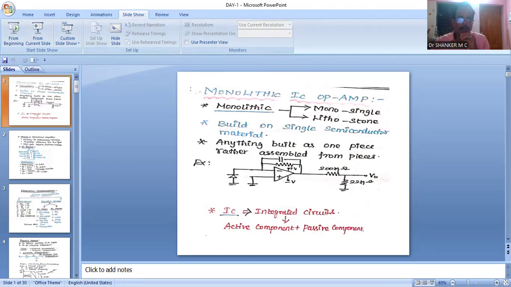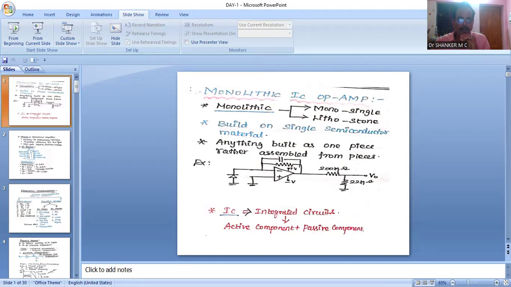And today you are going to learn about the monolithic IC operational amplifier. Nowadays the world entirely depends upon digital ICs and analog ICs. Without that, there is no era.